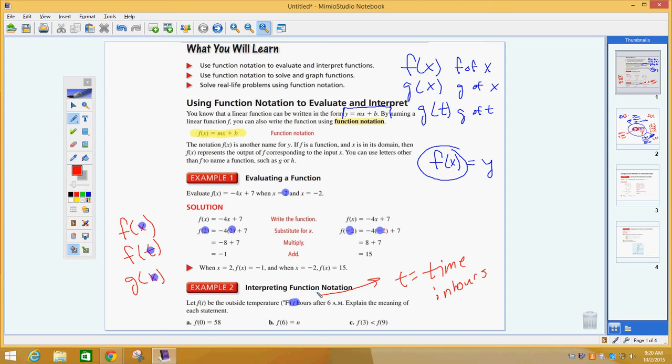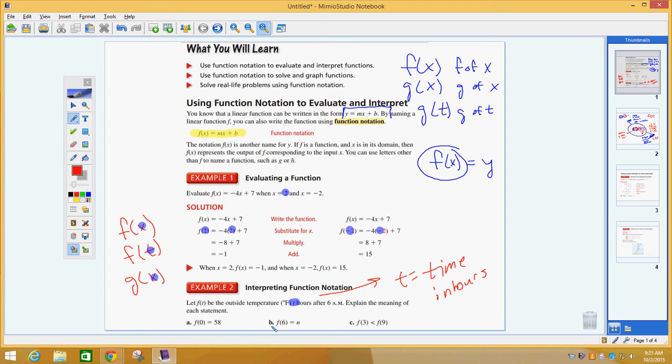So when they first started collecting the temperature at 6 a.m., that is time equals 0. And this is saying that at 6 a.m. it was 58 degrees, because that's when T was equal to 0. They started recording the temperature at 6 a.m. So for A, I would put that at 6 a.m. the temperature is 58 degrees, T equals 0.